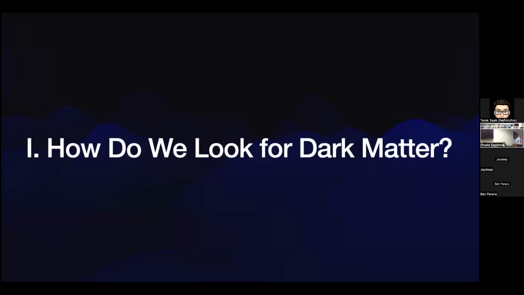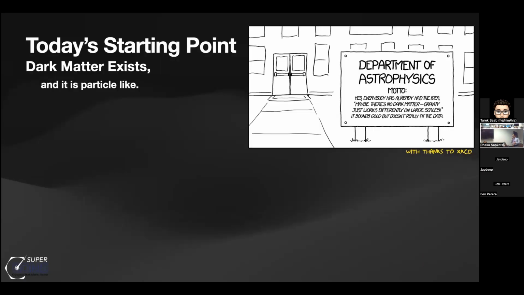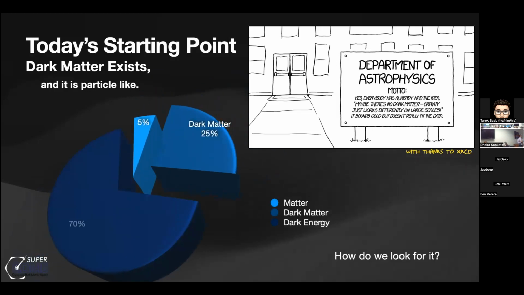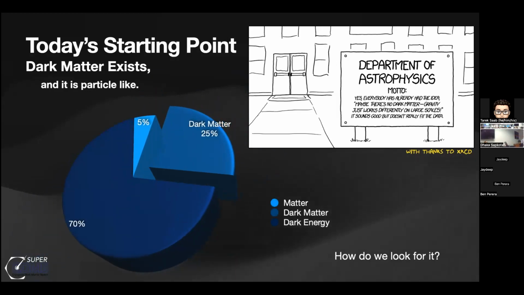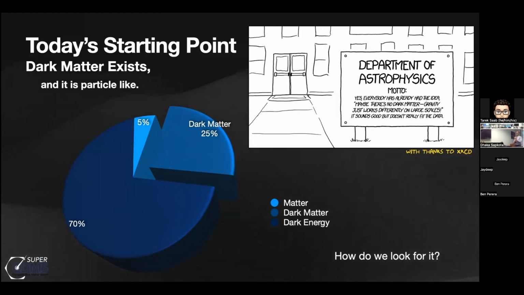I'm going to start very briefly with how we look for dark matter, and I'll start from the point of assuming we understand the evidence that supports the case for dark matter. Usually with these kinds of talks, you spend 15-20 minutes justifying the observational evidence. I'm going to focus not on why there's dark matter, but on how we search for it.